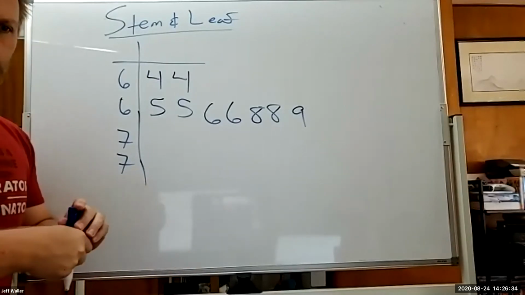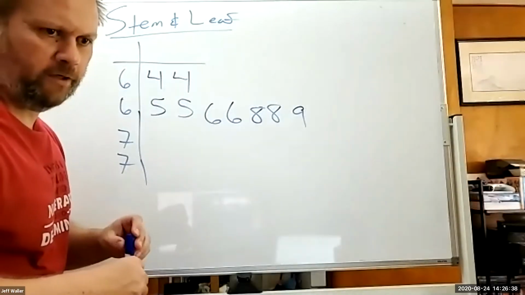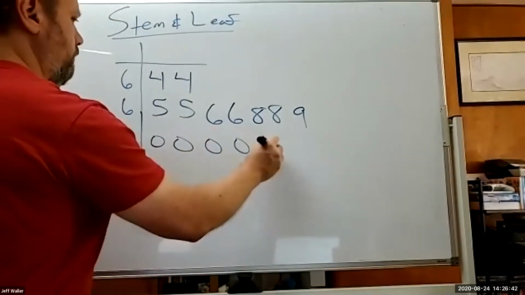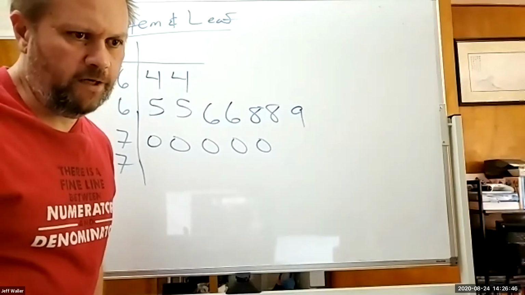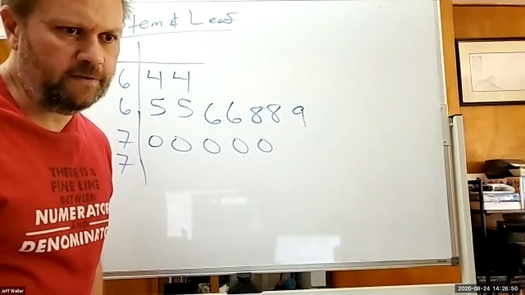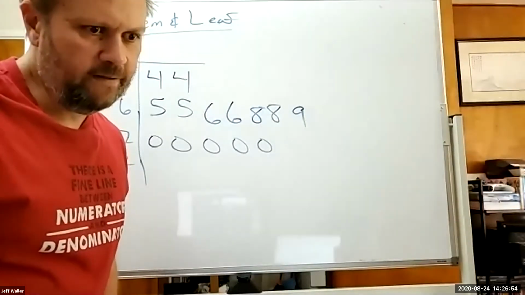Now 70s. So it looks like there's 1, 2, 3, 4, 5. And then let's see, 71. There's 1, and then it looks like there's 4, 5, 72, 6. 1, 2, 3, 4, 5, 6.